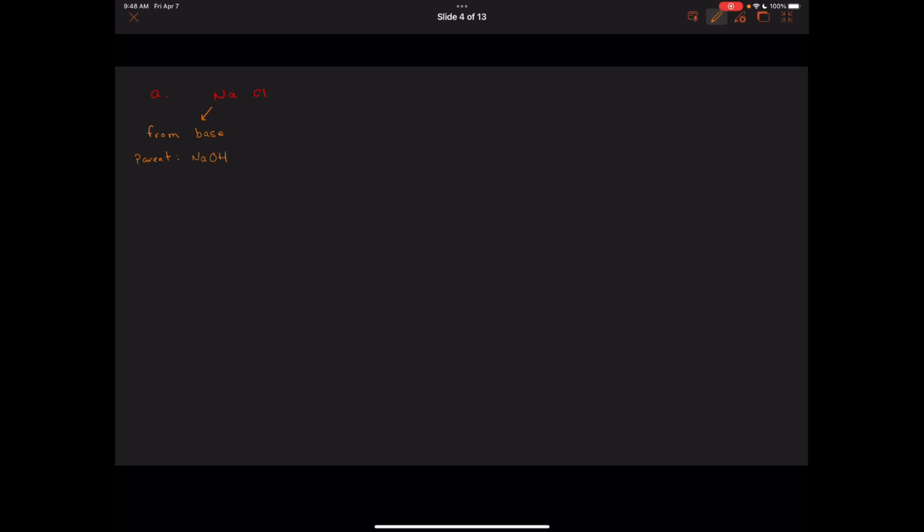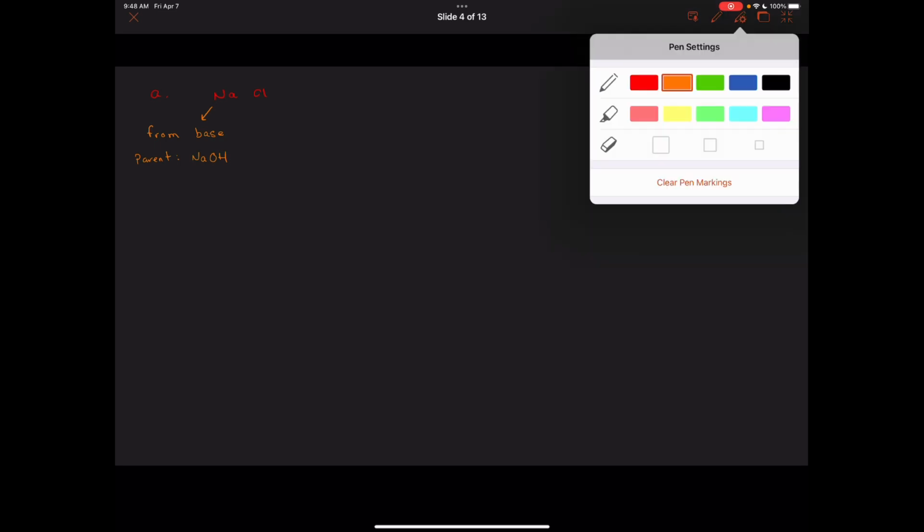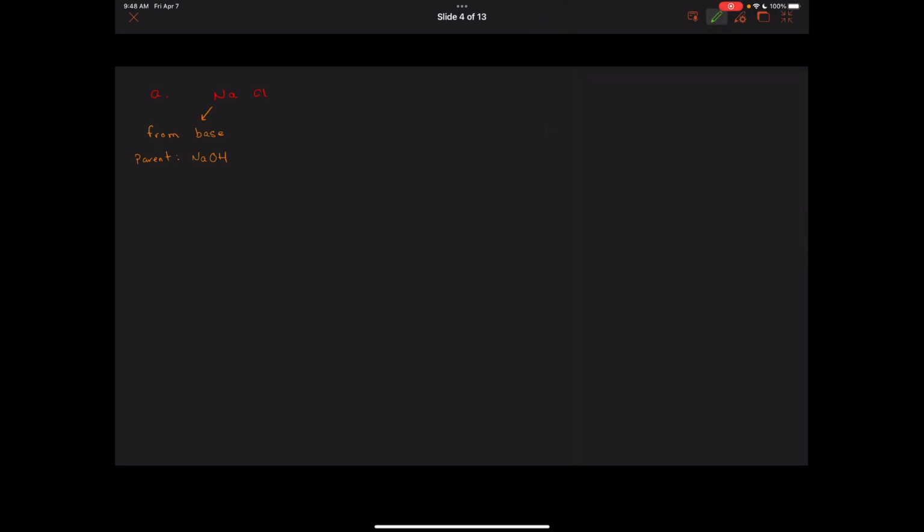So our parent base is sodium hydroxide. Our anion always comes from our acid. So to determine the parent acid, we're going to take that Cl- and we're going to add hydrogen to it. So the parent acid is HCl.